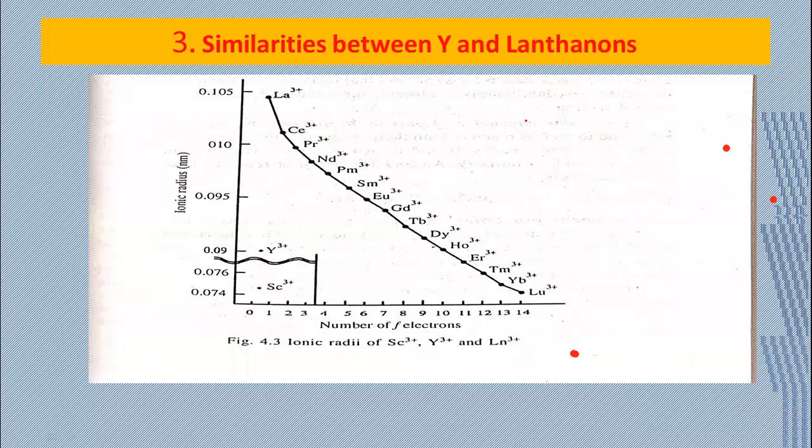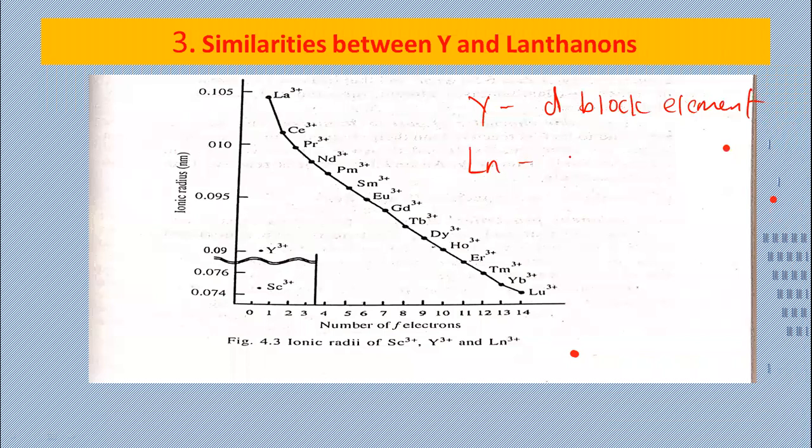But now, the third effect of the lanthanon contraction is that there is a similarity with yttrium. Yttrium is a d block element, a transition element, and lanthanon elements are the f block elements.